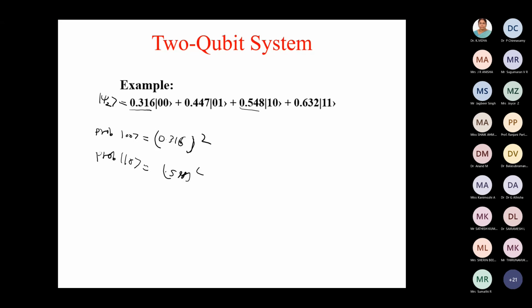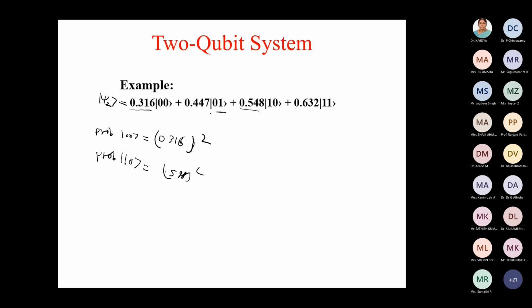If I ask you, what is the probability of getting 0 on measurement of the first qubit? I'm not asking about the second qubit; I don't worry about it. I just want to know the probability of measuring the first qubit as 0. In which cases is 0 coming as the first qubit? If I get this state, then I'm okay.